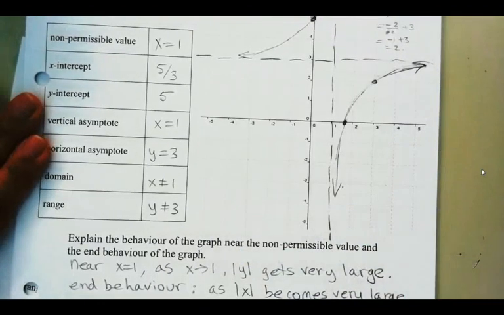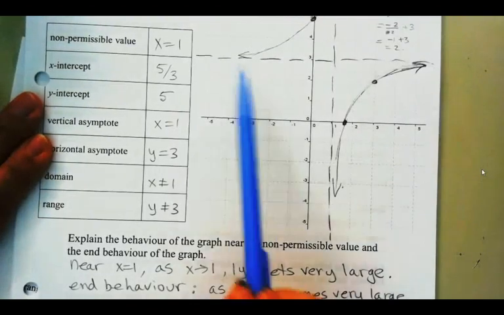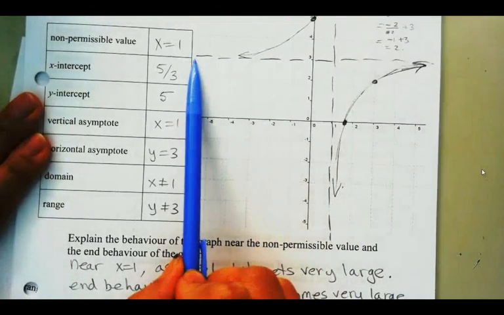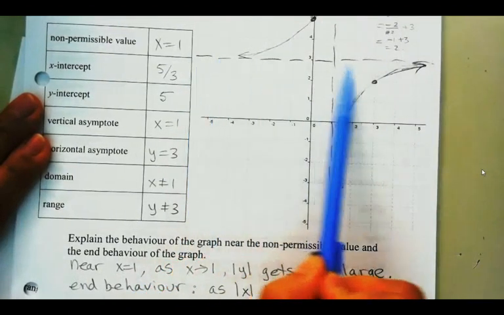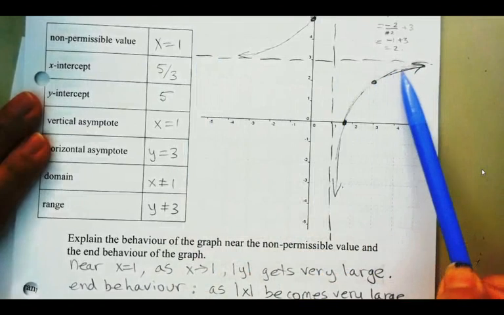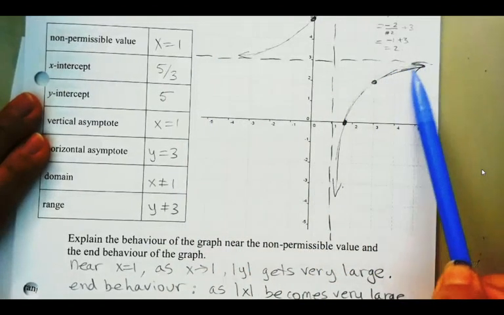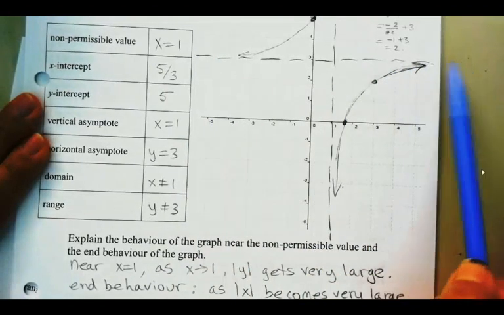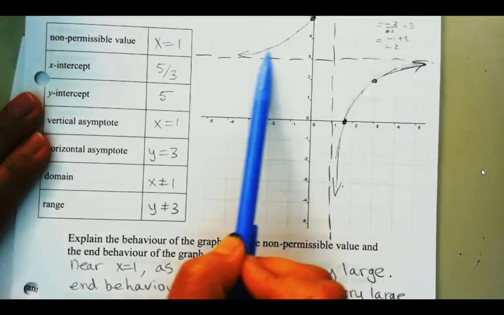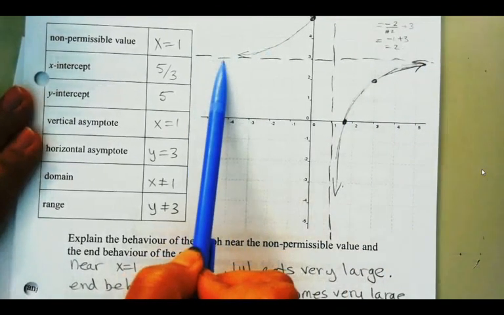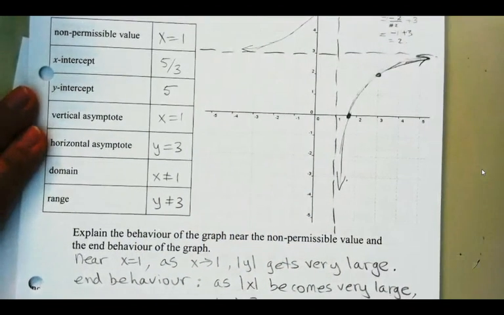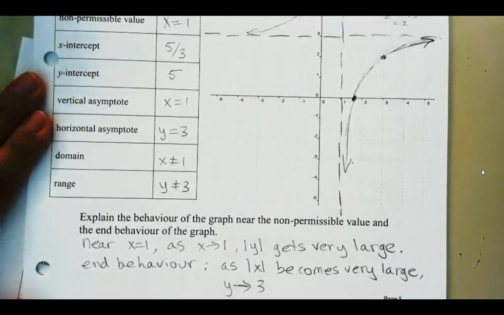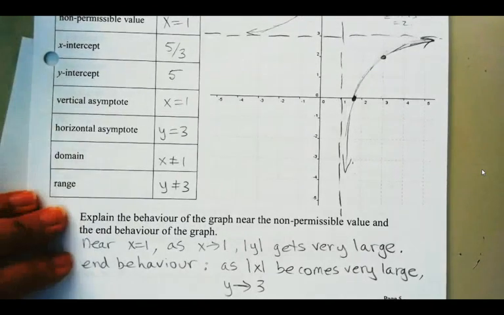The same thing happens for the other one here: y equals 3. The absolute value of x gets really large as it approaches it. Over here that's the positive, and over here this is the negative. That's what that's talking about. Any questions?